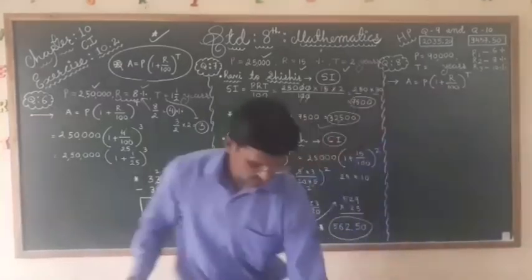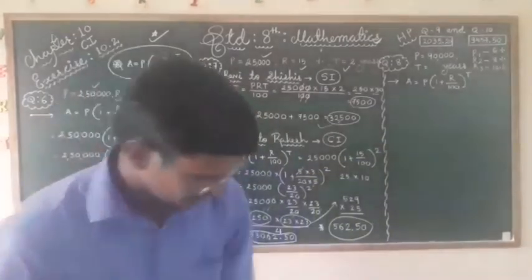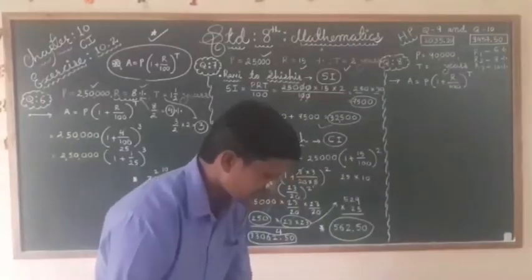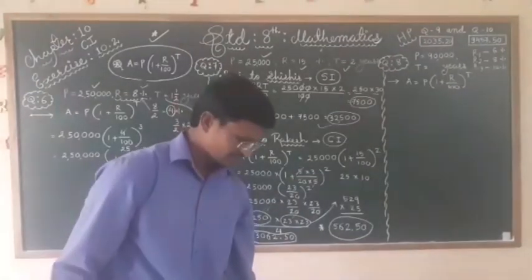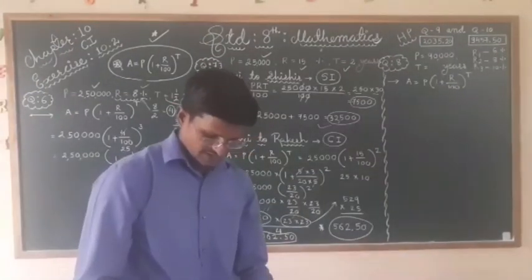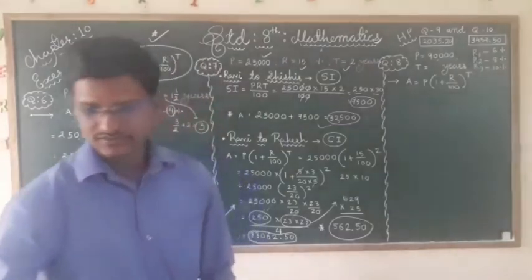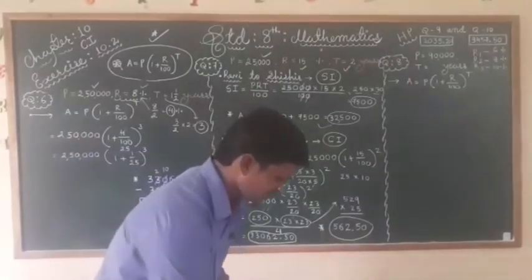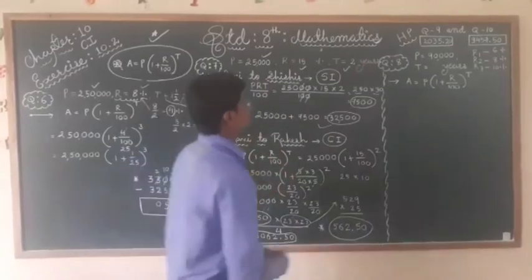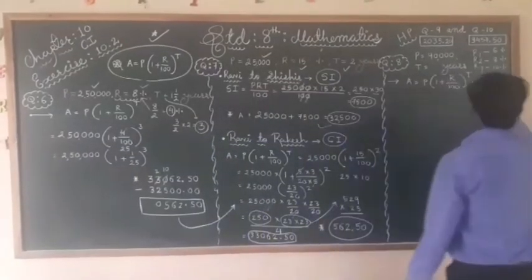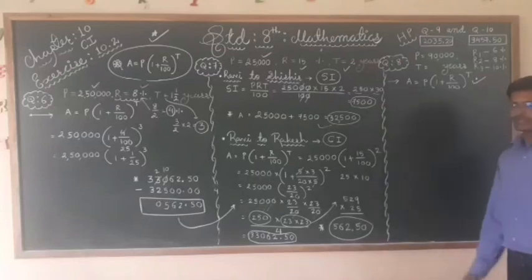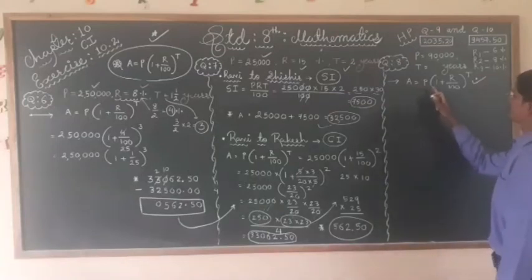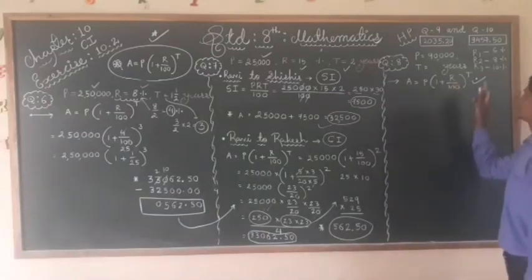So my dear students, we have to apply a formula. Here the term is given for 3 years and the rate again is for the 3 years. So here another formula we will utilize. This is our original formula: amount is equal to P(1 + R/100)^T.